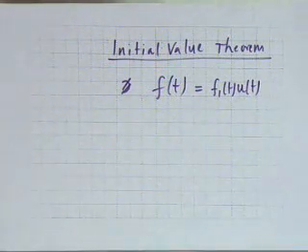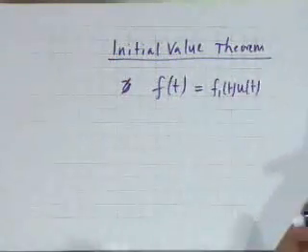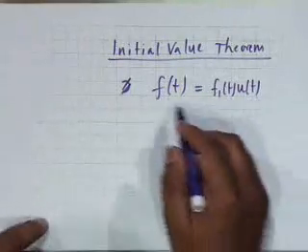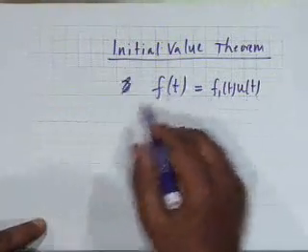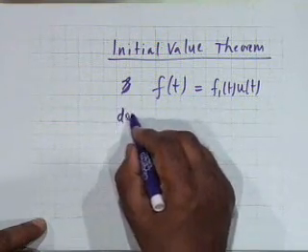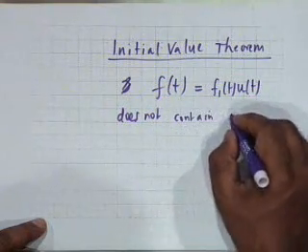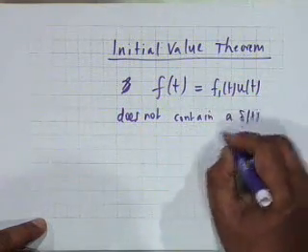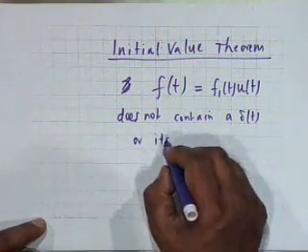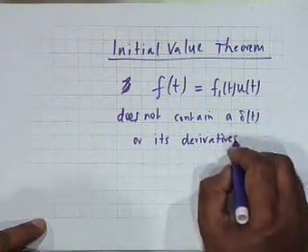There is no harm in considering a function which starts from t equal to 0, because if it starts from any other point, you just multiply by u of t minus T. So, we consider a right sided function, and we say f of t does not contain a delta function, does not contain a delta t or its derivatives, first or higher.